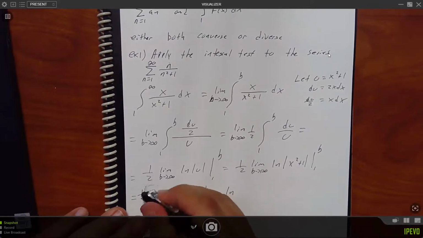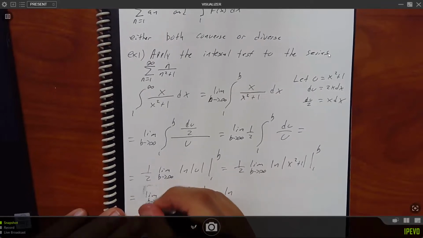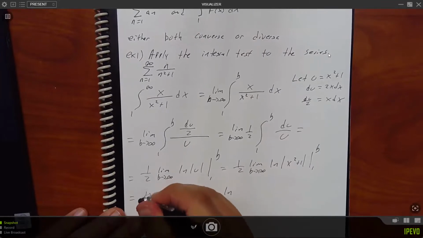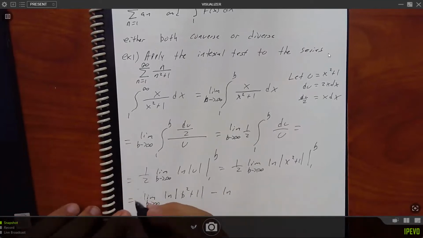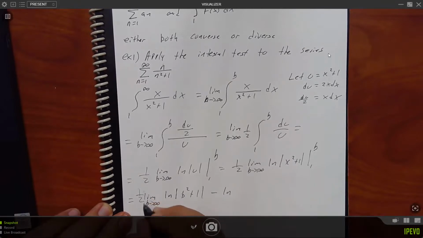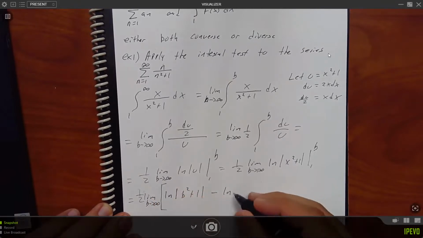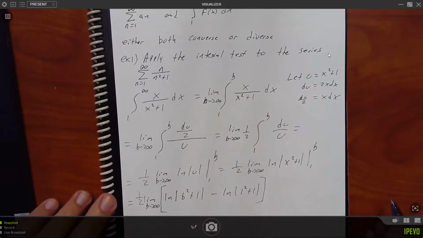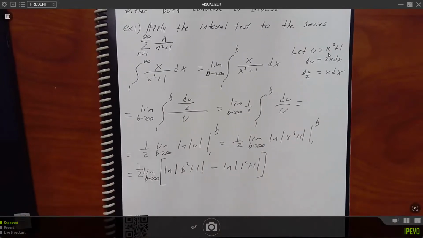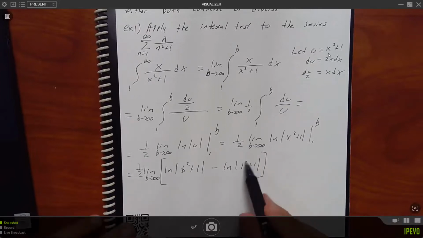I'm going to put a bracket before the limit just to save space here. That's 1/2 right there. So this would be ln 2, right?